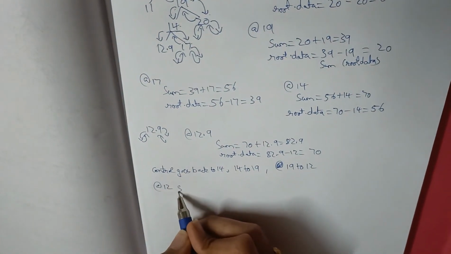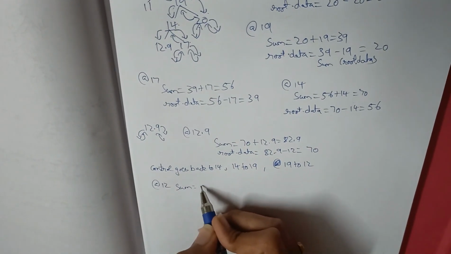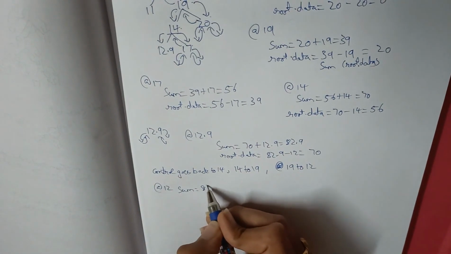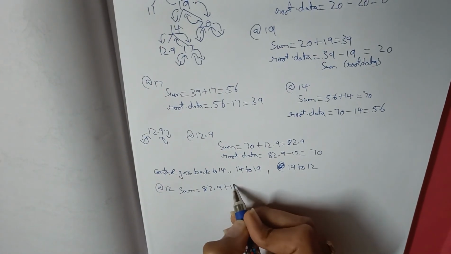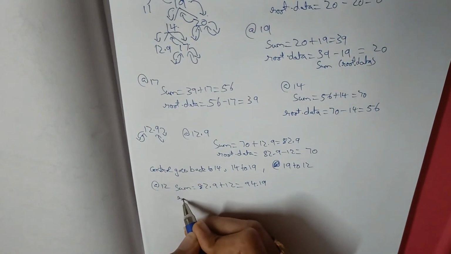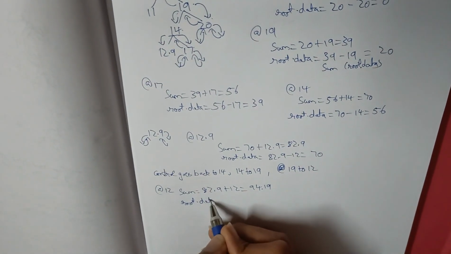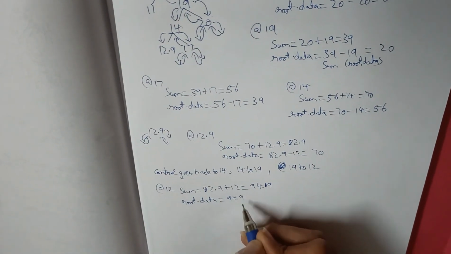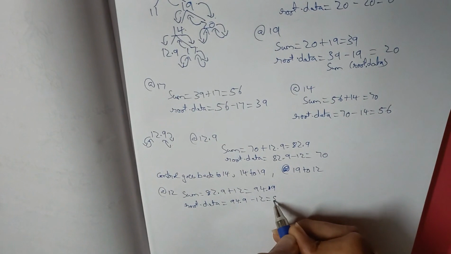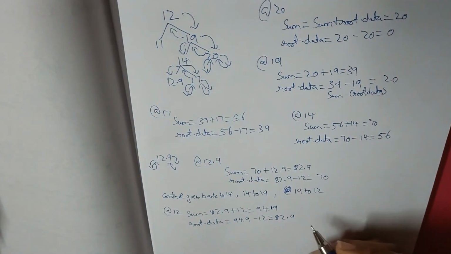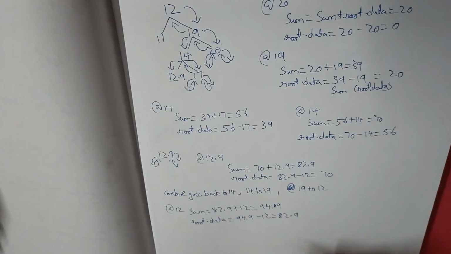So sum is equal to sum plus root dot data, which is 82.9 plus 12, which is 94.9. And the root dot data, which is 12, has to be replaced by 94.9 minus 12, which is 82.9. So the value at the root node is also replaced by 82.9.